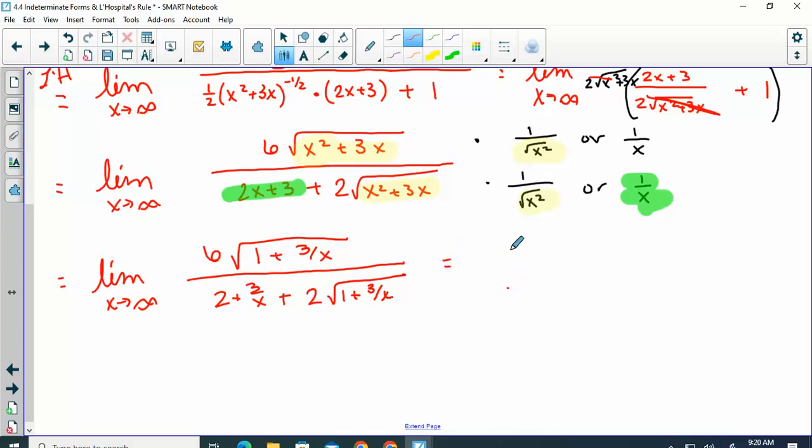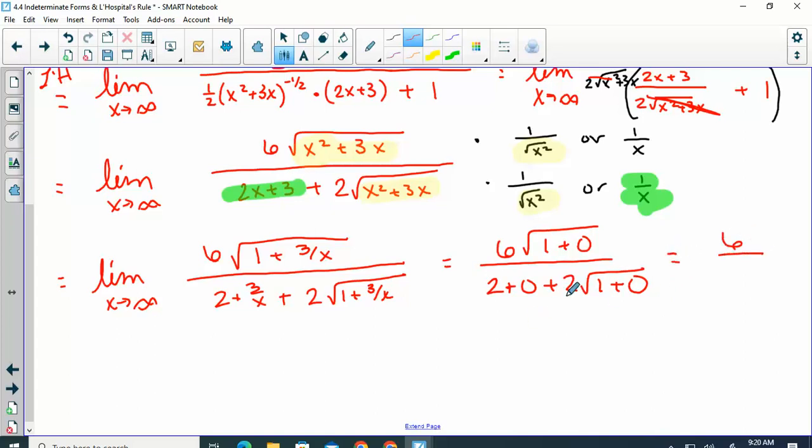And this is actually pretty helpful, because if we have a number over infinity, what does that go to? So at the top we have 6 times the square root of 1, which is 6. On the bottom we get 2 plus 2, which is 4.